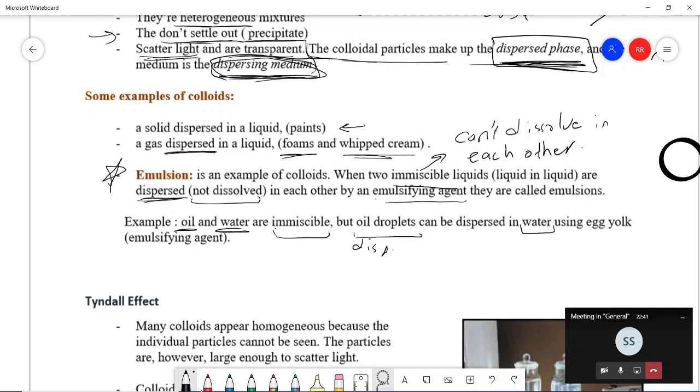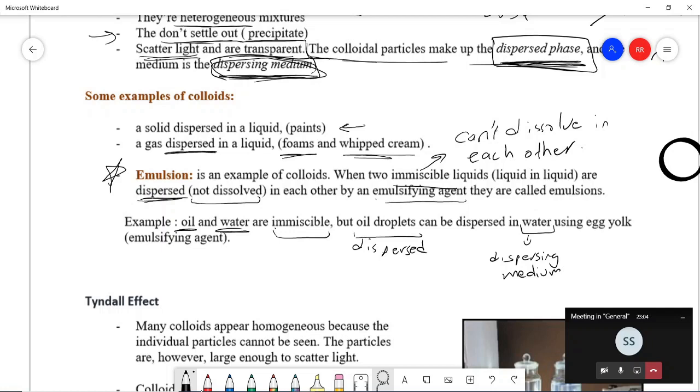They are the dispersed particles. What is the water? Dispersing medium.